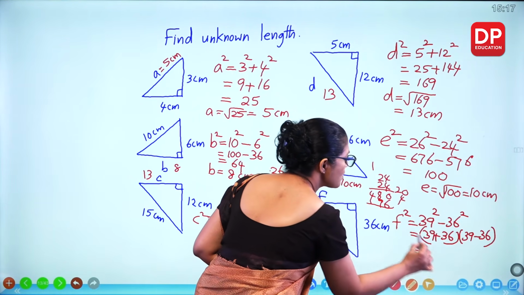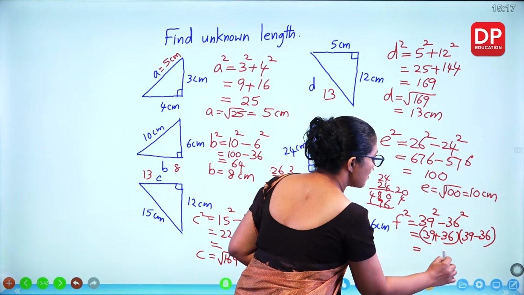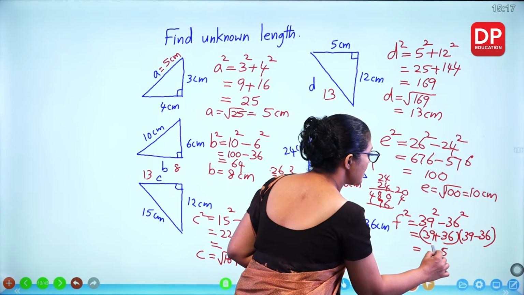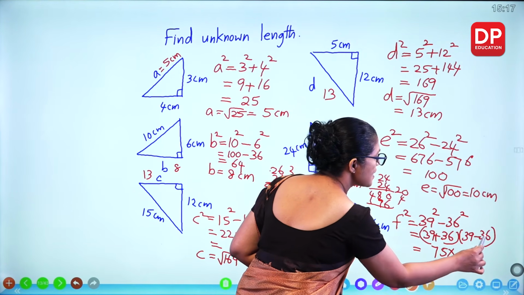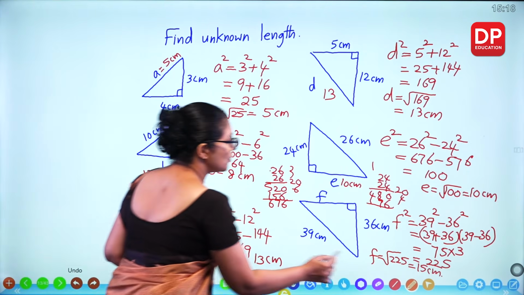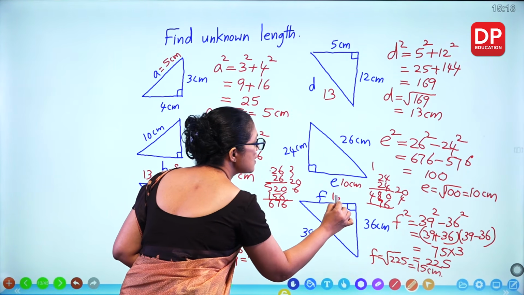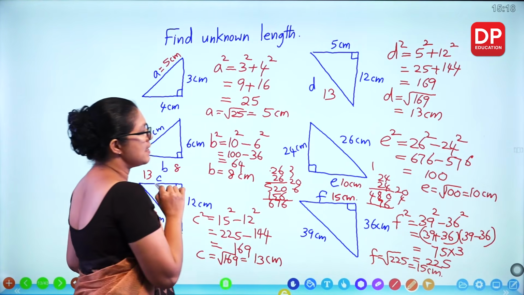It's easy when you use the difference between two square terms. 9 plus 6, 15, 1 remaining 7. 75 times 3. What's 75 times 3? 225. Square root of 225 is 15 centimeters. So this is 15 centimeters.